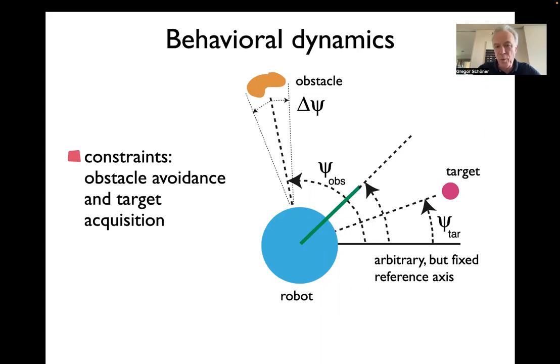And the way we talked about it was that we plan these time courses by taking into account constraints that come from targets and obstacles, a particular heading direction toward a target that we want to achieve, or a particular heading direction we want to avoid.